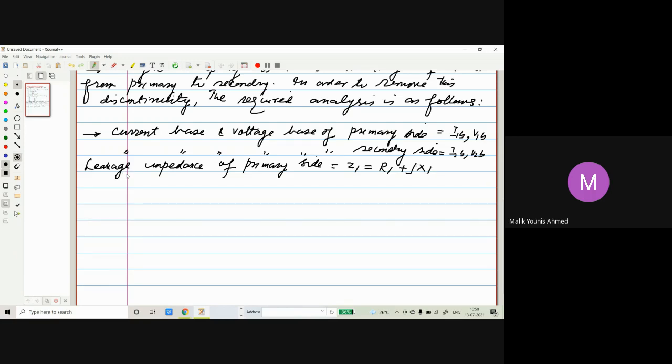Similarly, the leakage impedance of the secondary side will be Z2, that is R2 plus jX2.